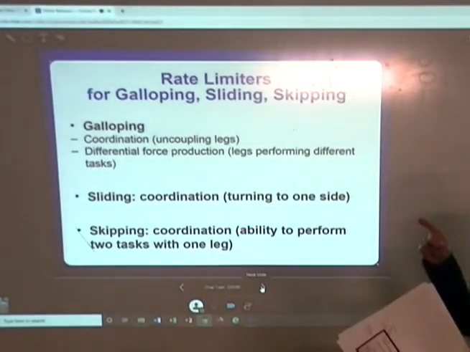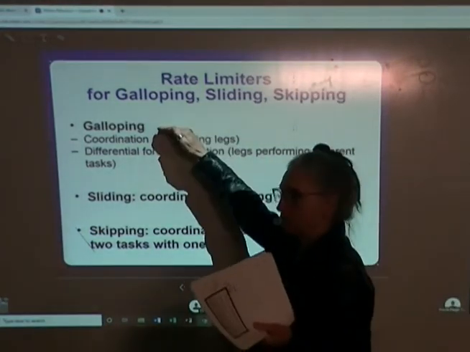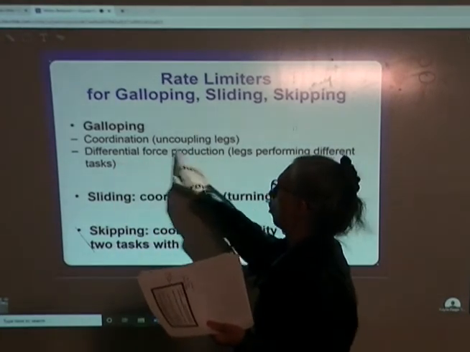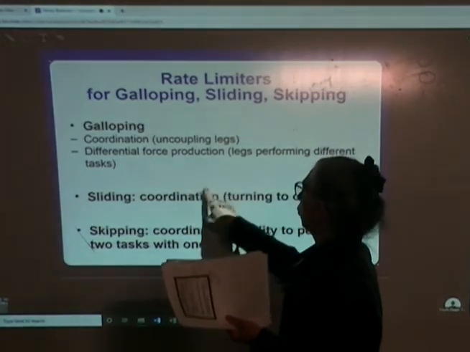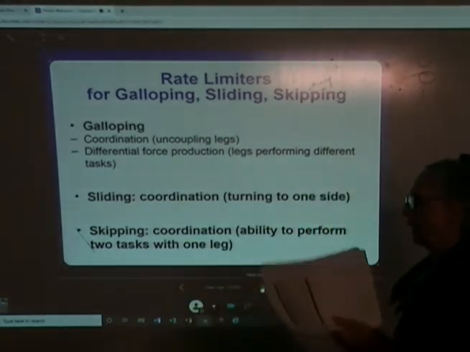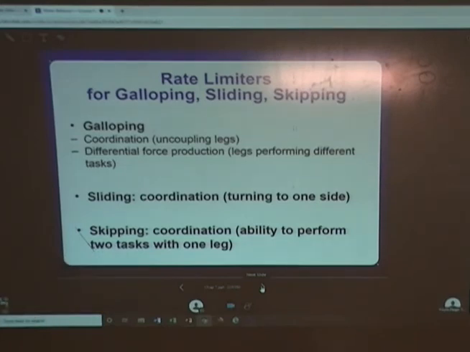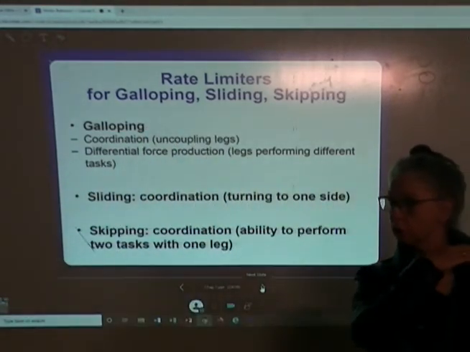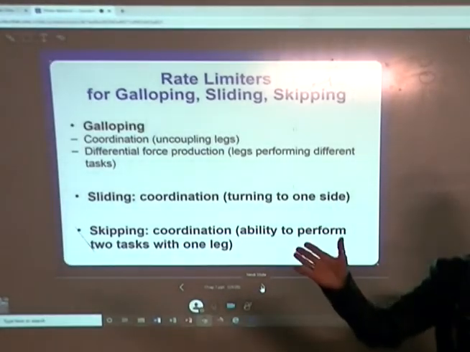Sliding: if we accept that galloping comes first, then when we get to sliding, we've already got the different force production idea. But we've still got some extra coordination because instead of going forwards, we're moving sideways. I may or may not be allowed to look sideways. I may have to look forwards and do it blind out of my peripheral vision. So there's a little bit of additional coordination there to go sideways.